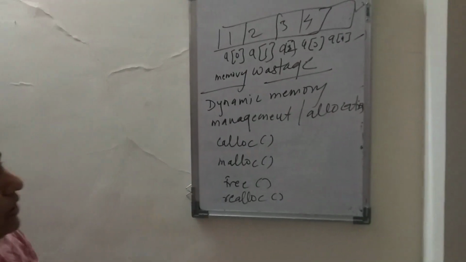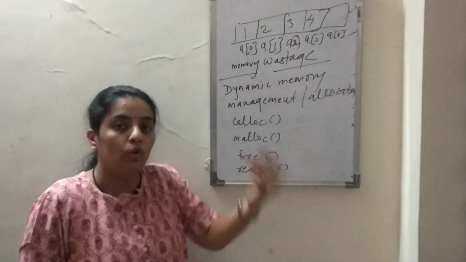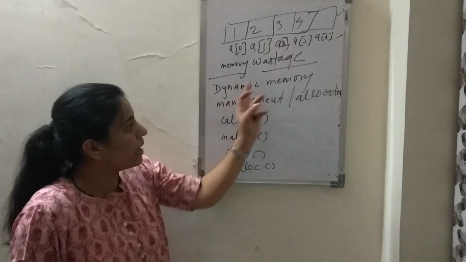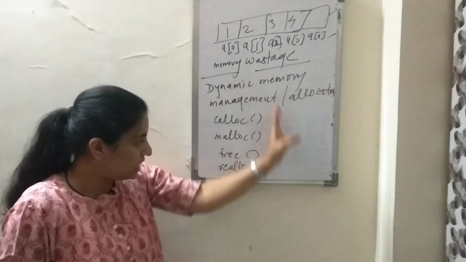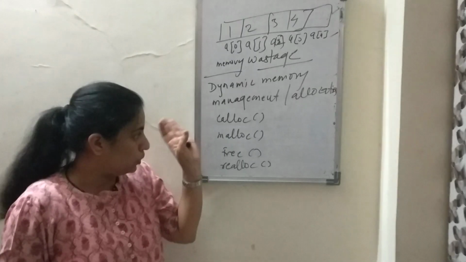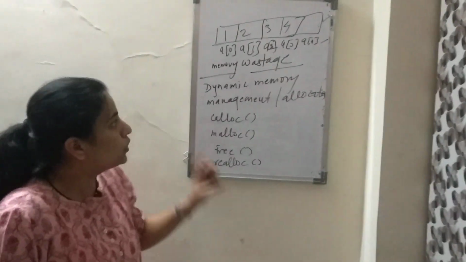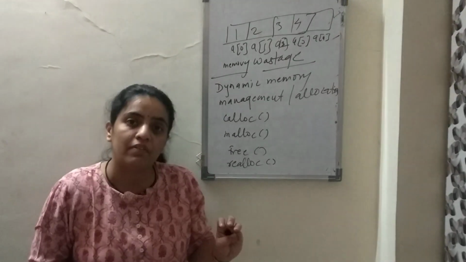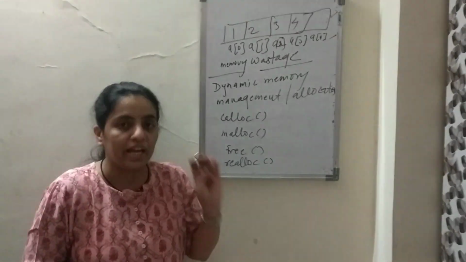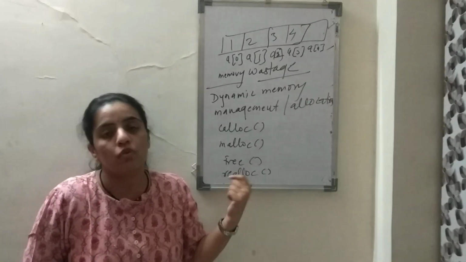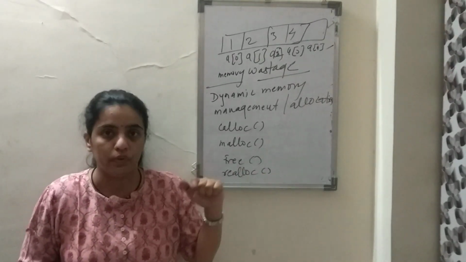So this is one concept how you can overcome the wastage of memory in array by using dynamic memory management, and these 4 functions are there. Using this you can overcome this particular drawback of array. So this is all about advantages, disadvantages, basics of array. We will discuss the programs of one-dimensional array in next video. Thank you.